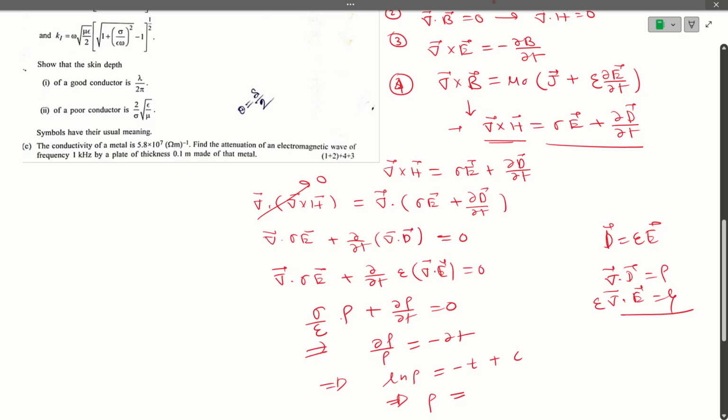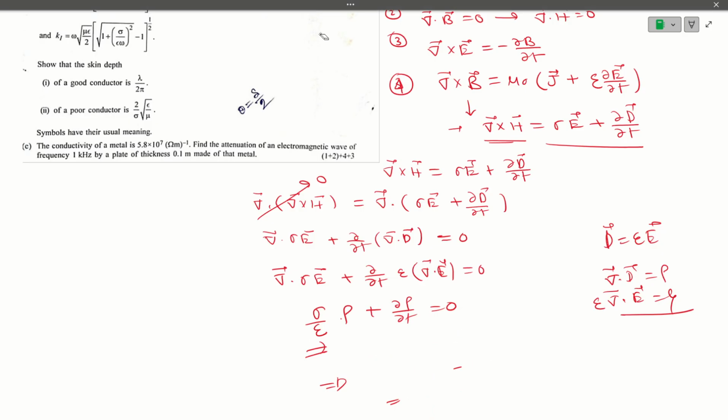After that we get del rho by rho equals minus epsilon by sigma into dt. So integrating both sides, we get ln rho equals minus epsilon by sigma into t plus some constant, say a.